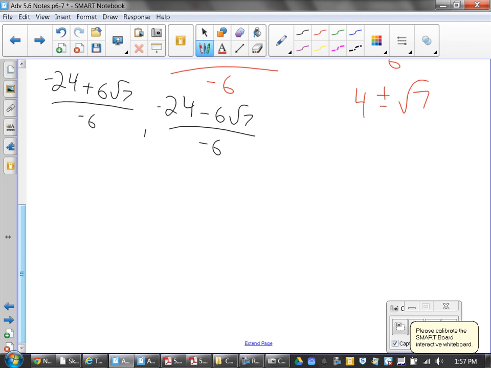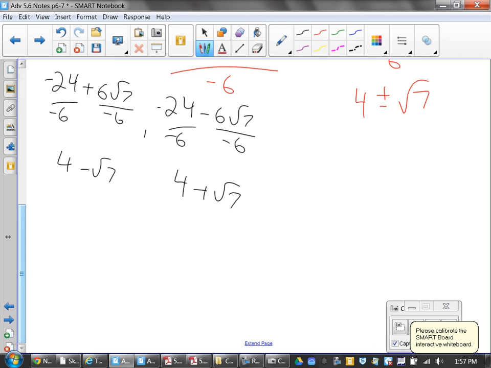If you break it apart as two separate fractions with the common denominator, you get 4 minus root 7 and 4 plus root 7. When you distribute the negative, it goes into both terms. That plus minus doesn't change, it just goes as a plus minus, not a minus plus. Does that make sense?